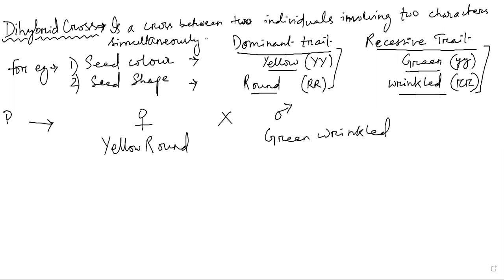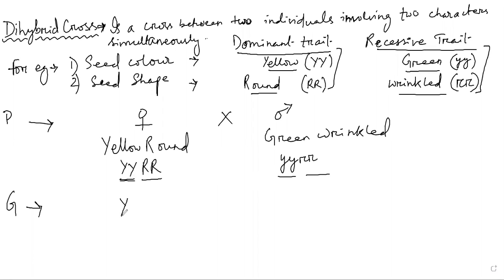Yes. Okay. The next thing I shall do is write the genotype. For yellow, capital Y. For round, capital R. Similarly, for green, small y. For wrinkled, small r. Now let's come to the gametes. How to write the gamete? Out of each of these pairs, each will be segregating, is it not?